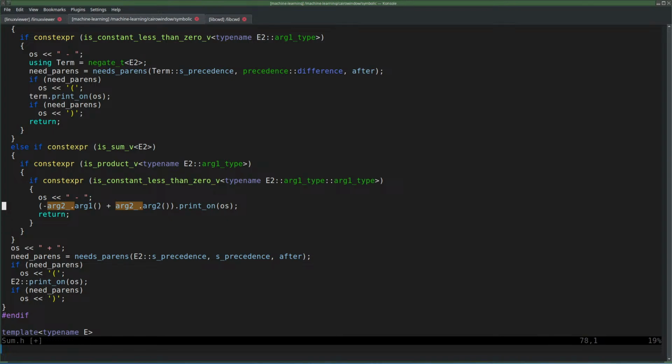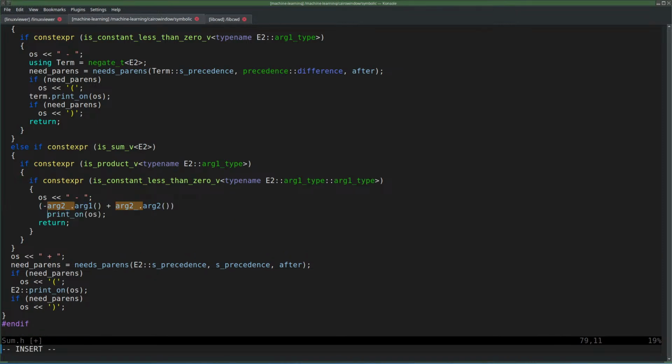And this one is harder. Print on. Oh, you just need the type of that then. Print on should be static. So convert the above thing to a type.